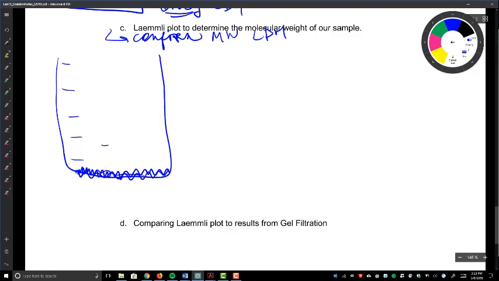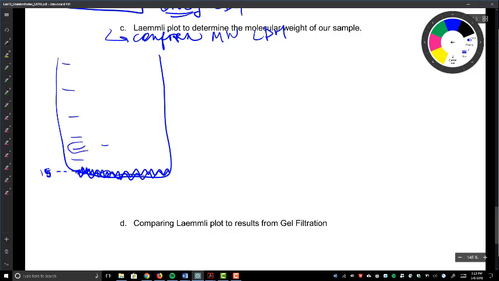Okay, and so what you do is you take a ruler and you set the bottom of your ruler to 15. So if you have 15 centimeters on your ruler, put the bottom point there. Then you're going to mark the location of the bands in your ladder, and then what you think is your LDH sample.